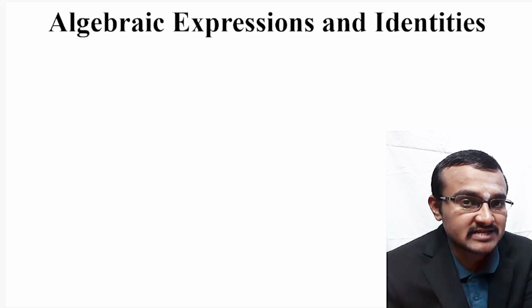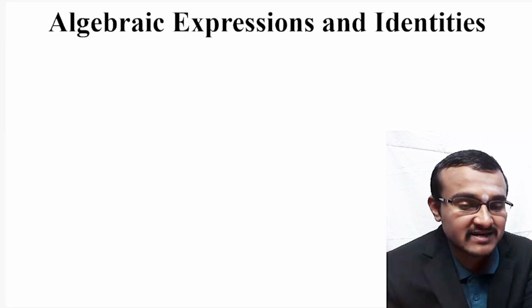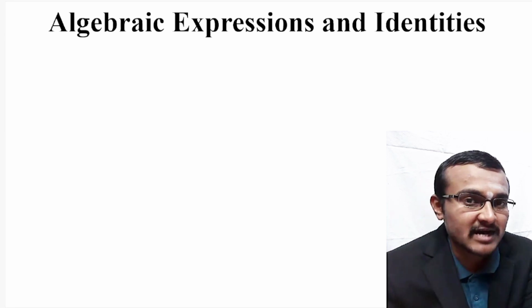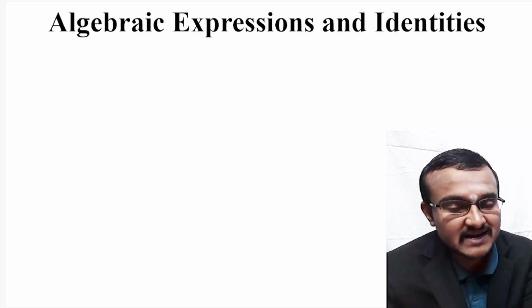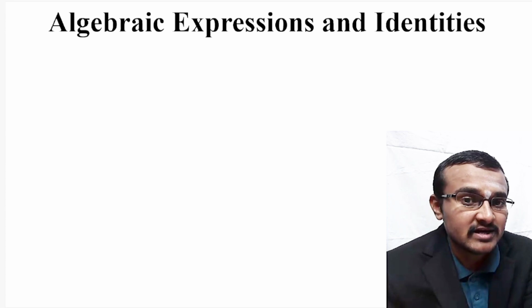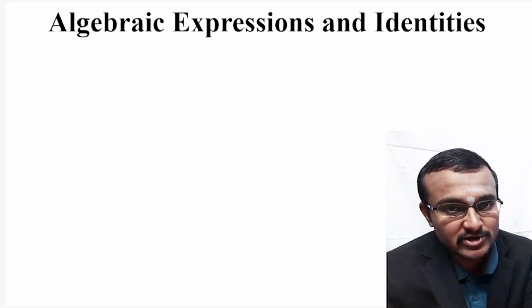So in my last video, I was teaching the 8th standard mathematics subject, the 8th chapter in that is algebraic expressions and identities. That was the part 1 video of this chapter, and this is the part 2 video. In part 1 you have learnt about monomials, binomials, polynomials.